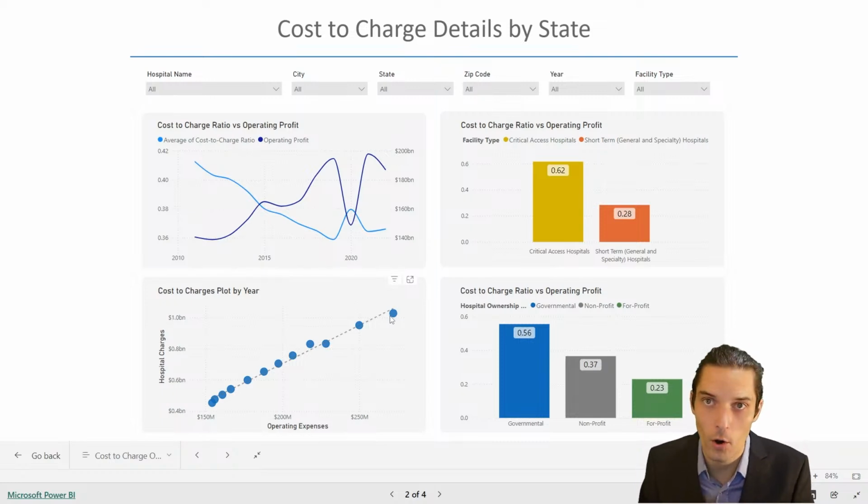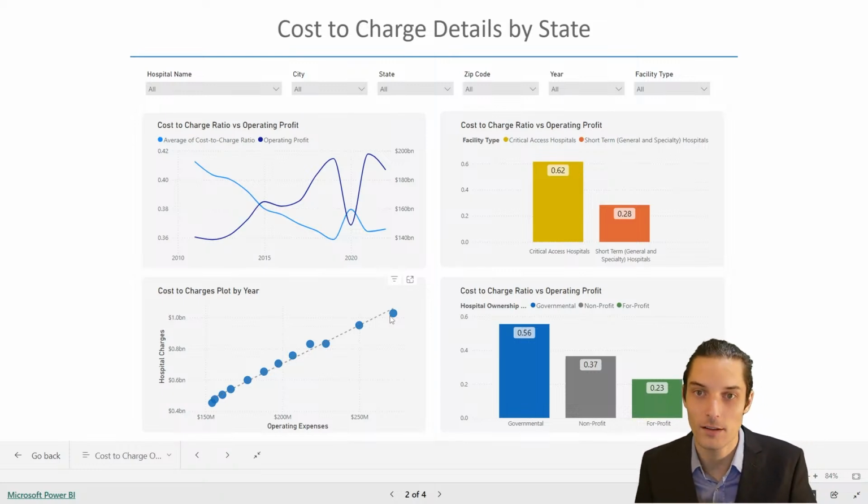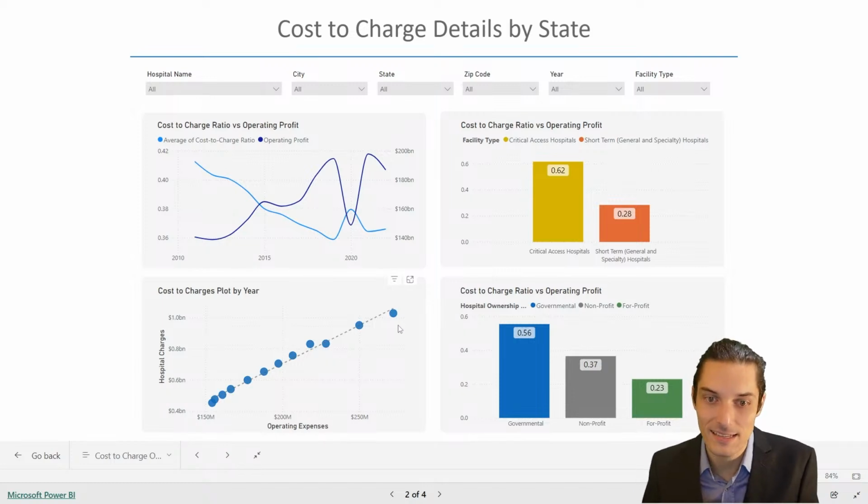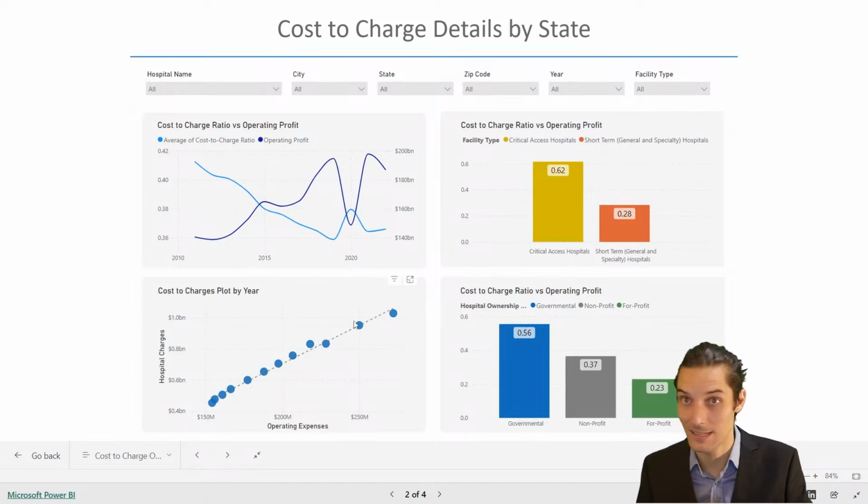And so within your organization, I would ask you, okay, what are your finances looking like? And what is your cost to charge ratio? And is it in line on a long-term trend with this kind of median trend, or does it deviate a lot?